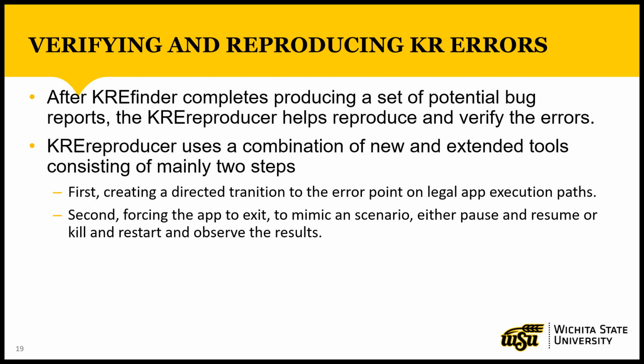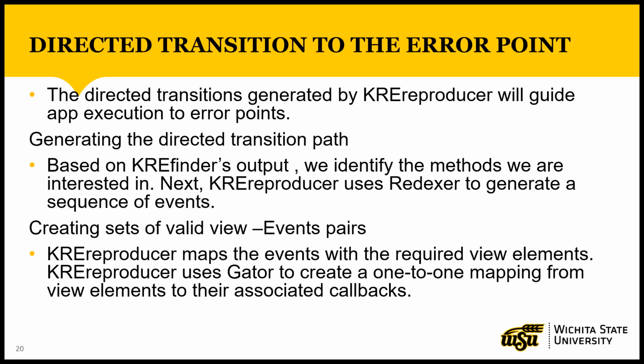First, creating a directed transition to the error point on legal app execution paths. Second, forcing the app to exit to mimic an actual scenario, either pause and resume or kill and restart, and observe the results.